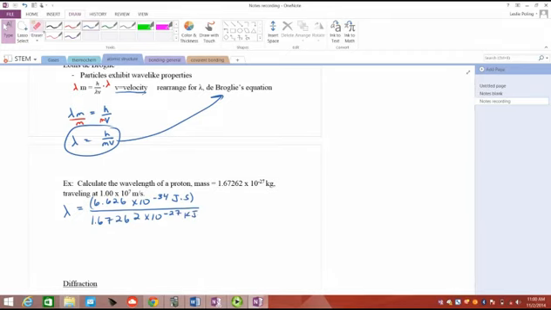Not kilojoules, excuse me. Kilograms. And times 10 to the 7th meters per second.